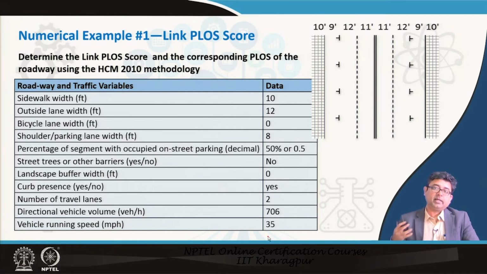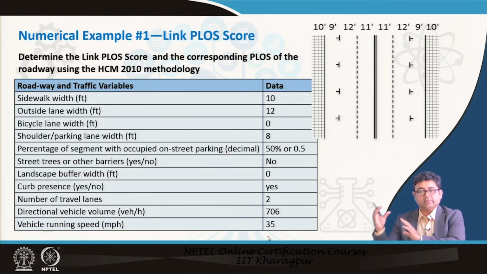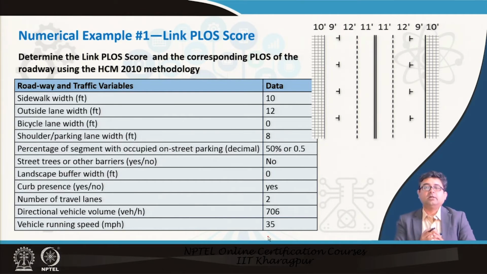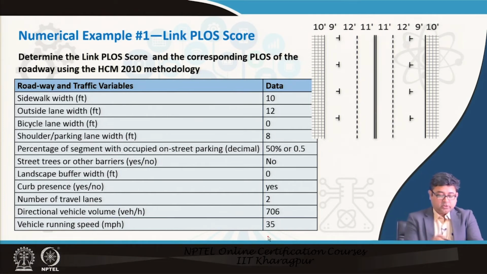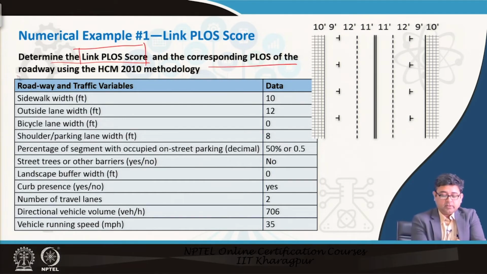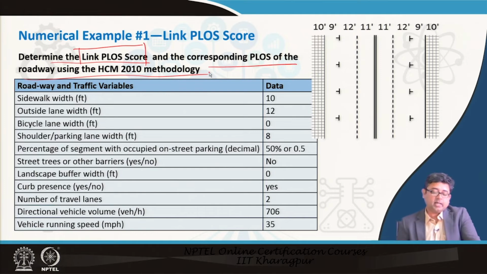So, you may have to undertake an exercise of picking a facility, picking different links and different intersections within that facility, and then calculating the pedestrian level of service score for each of those intersections and links, summing it up to a segment level, and then summing it up to a facility level. So, if you were asked to determine the pedestrian link level of service score and the corresponding pedestrian level of service of the roadway using the HCM 2010 methodology, how would you do it?